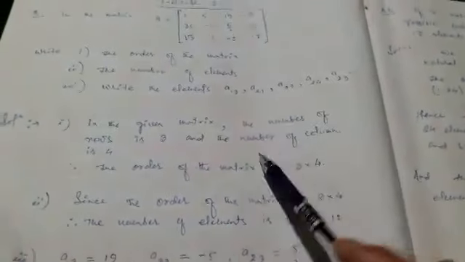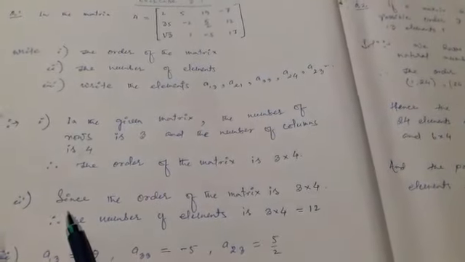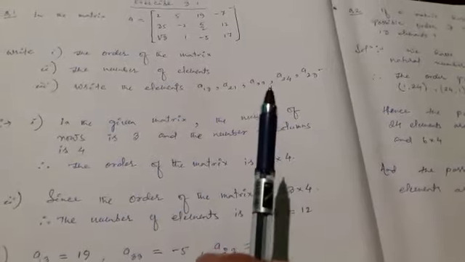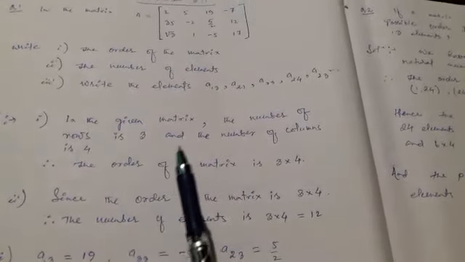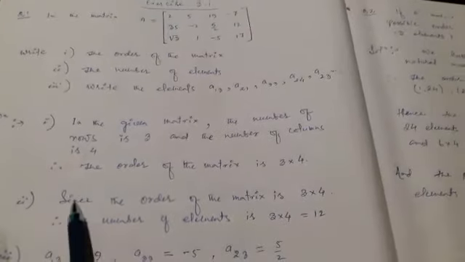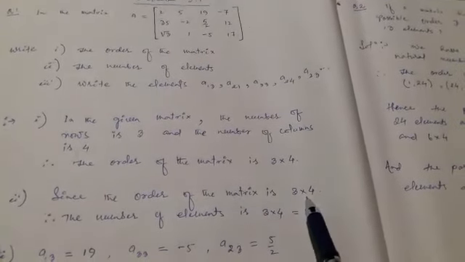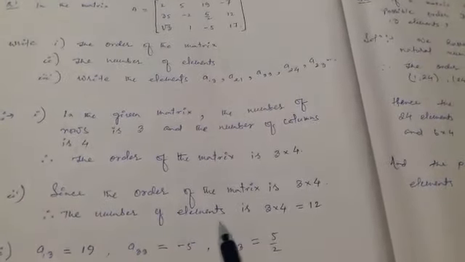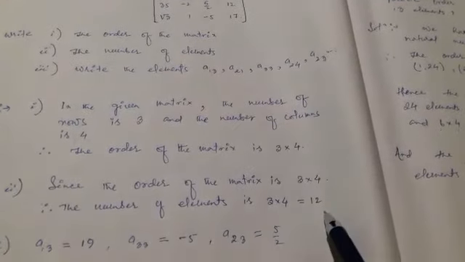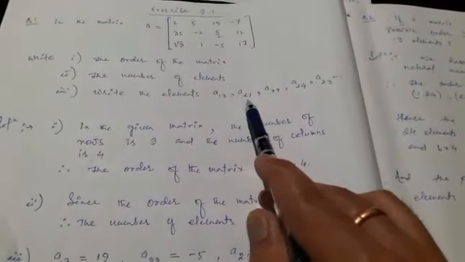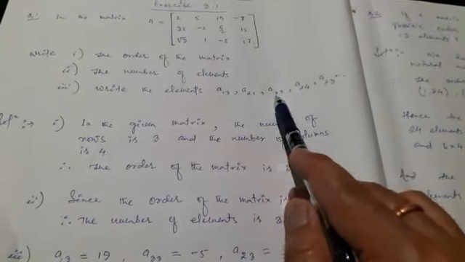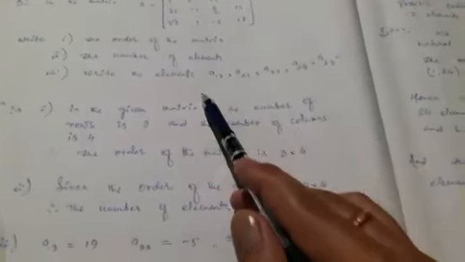Instead of counting like this, how many rows are there? 3. How many columns are there? 4. Just multiply the rows and columns and you will get the total number of elements. Since the order of the matrix is 3 by 4, therefore the number of elements is 3 into 4 equal to 12.